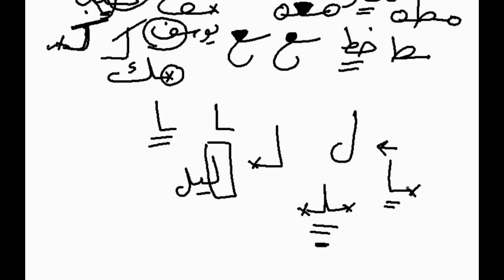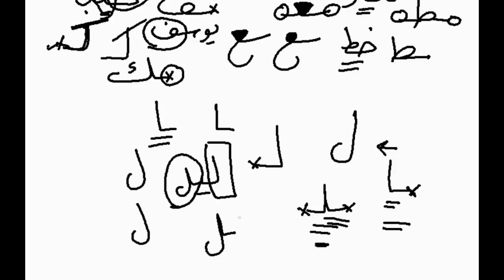And A is only connected to the letter before it, and it can't be connected to the letter after it. So you can differentiate between these two. And L at the end of the word, as you can see here, layl, goes back to its original shape, of course with this link here to connect it with the letter before it.